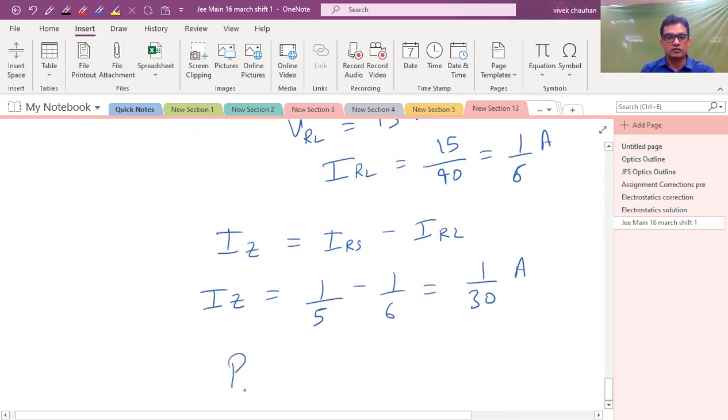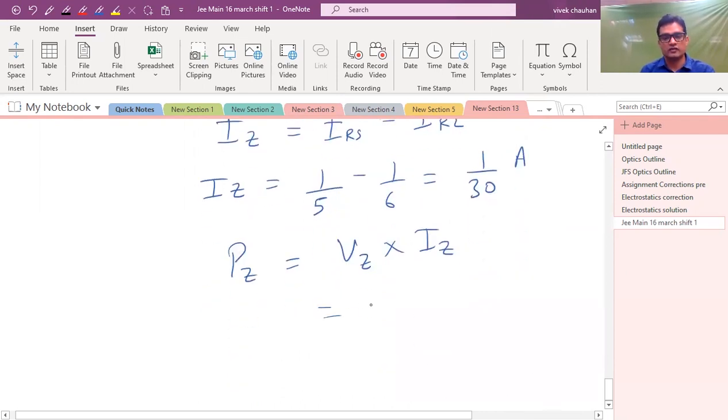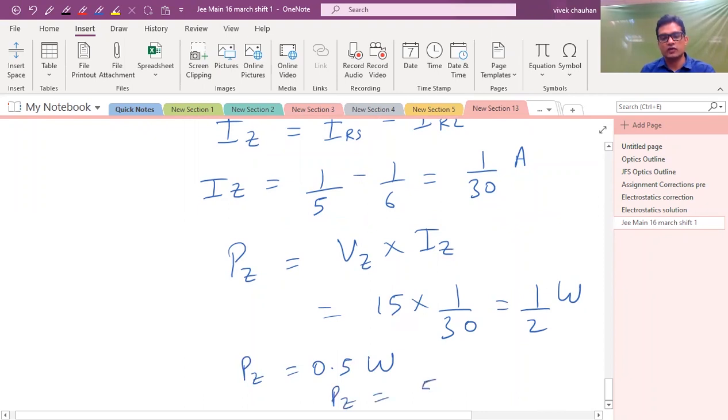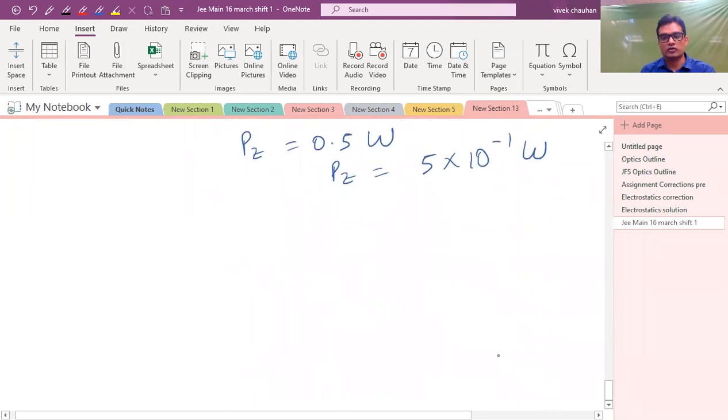And the power across the Zener diode will be equal to Vz into Iz. So here Vz is given as 15, into 1 upon 30, which is 1 by 2 watt. So Pz is equal to 0.5 watt, and our answer should be like this: 5 into 10 to the power minus 1 watt. So for this question the answer will be 5.